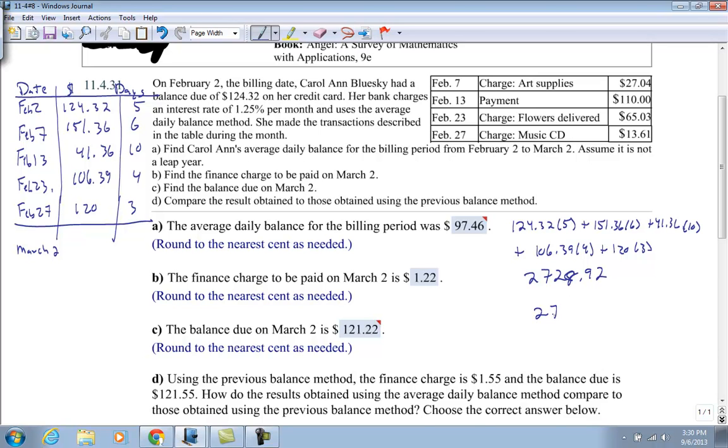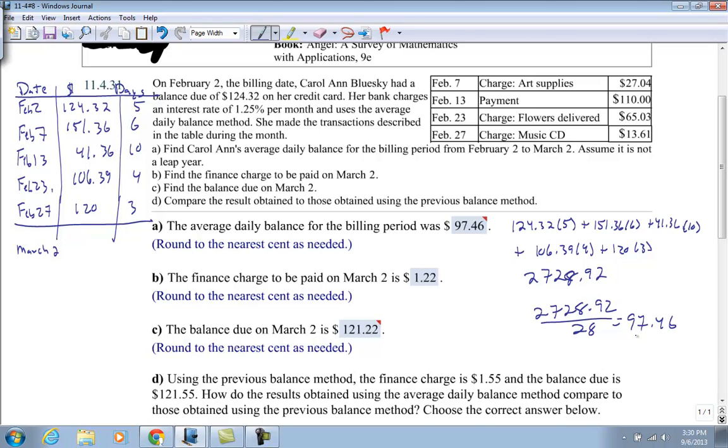We take 2728.92 and divide by 28 days, and we get 97.46, which is the average daily balance, the answer right there.